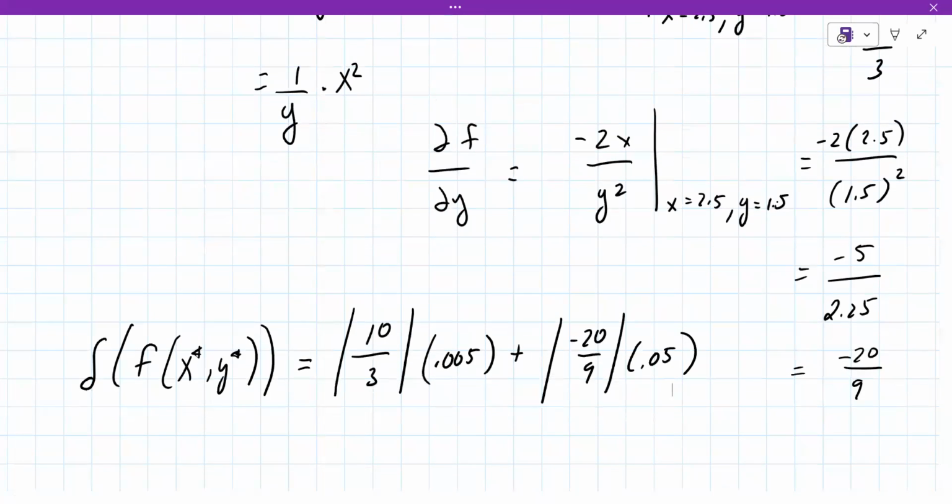And you get some sort of result after doing that, which we can do. So let's get that number here.